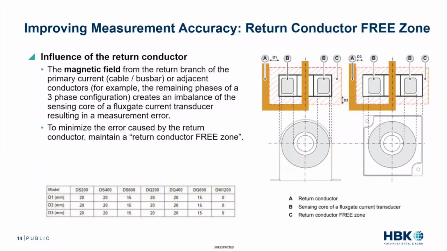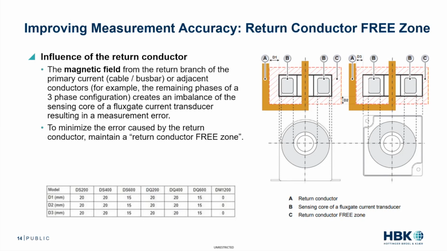Let's talk a little bit about return conductor free zone. The magnetic field from the return branch of the primary current or adjacent conductors, for example, let's say the remaining phases of a three-phase configuration, is going to create an imbalance of the sensing core of a flux gate current transducer, and that's going to result in measurement error. So to minimize the error caused by the return conductor, you want to be able to maintain a return conductor free zone.